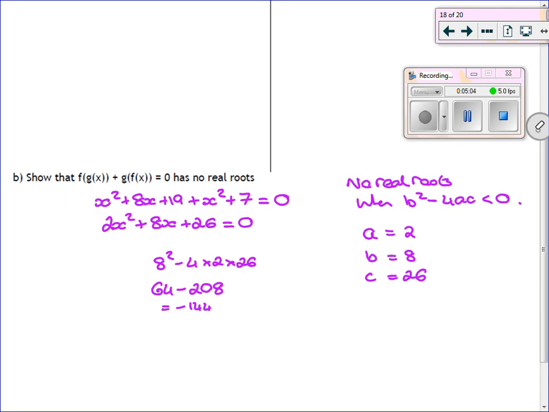So let's put all that together then. Remember, it's a show that question, so it should really finish off with a sentence at the end.